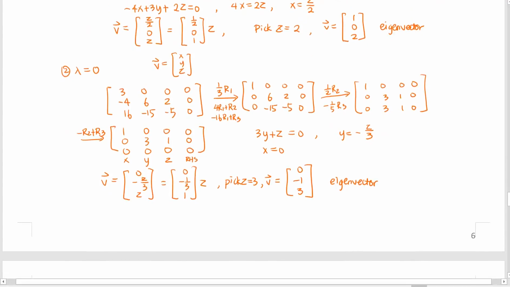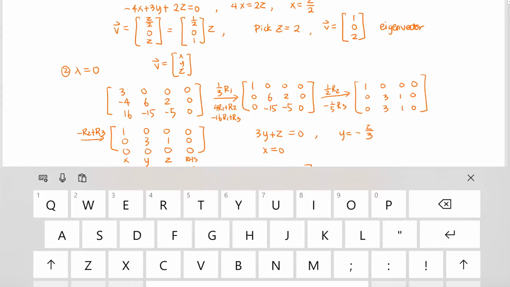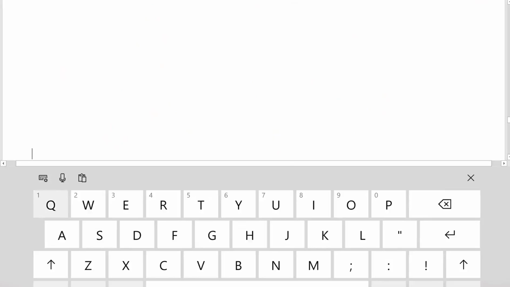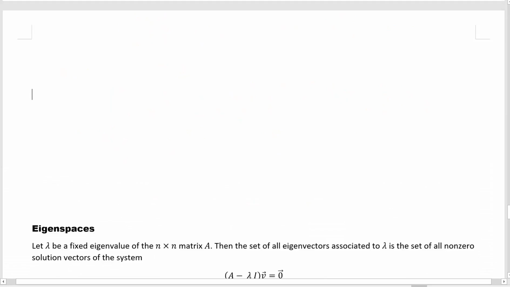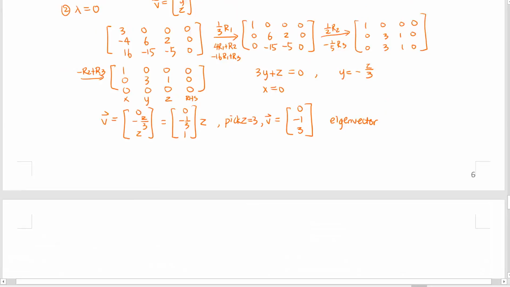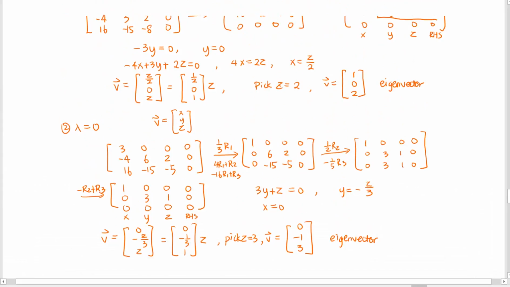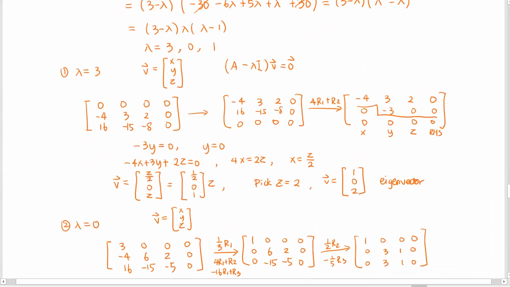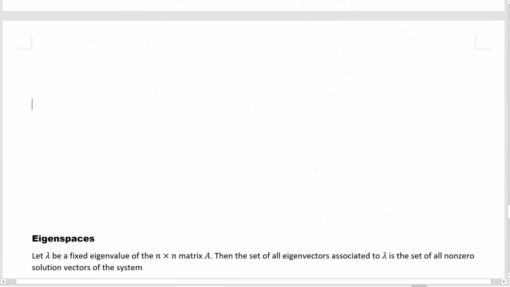Okay, let's continue. I don't have enough space. Let me just create more space. Do I have more space? Yeah, should be. So we still have lambda equals 1 to solve.